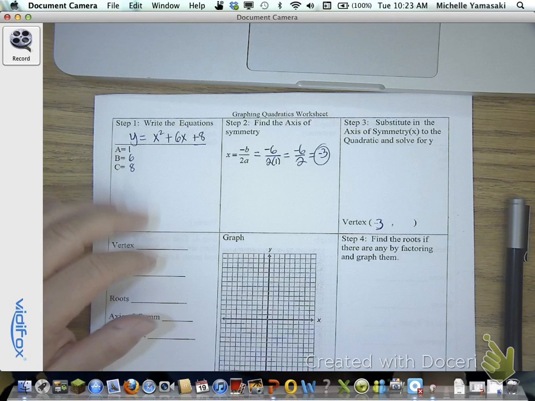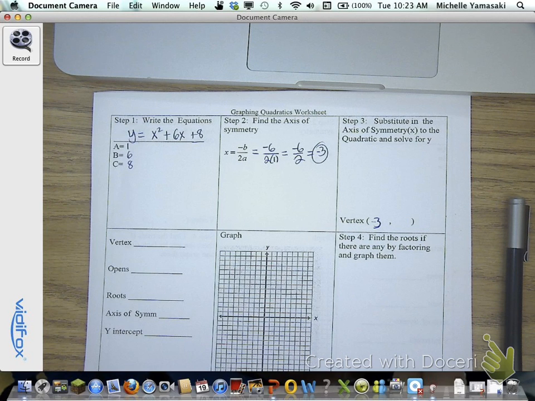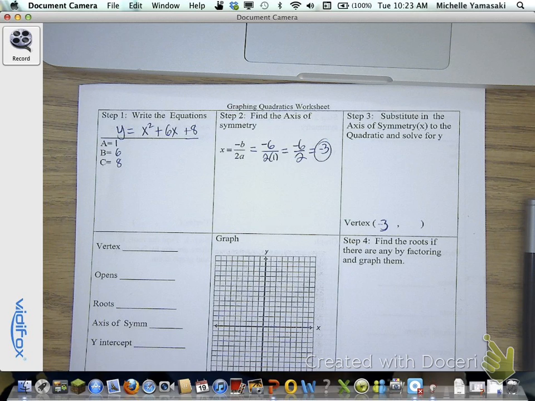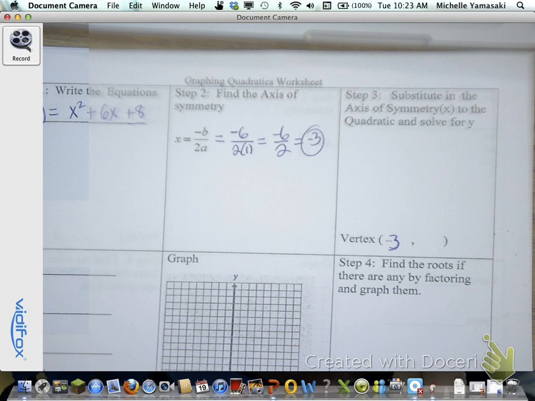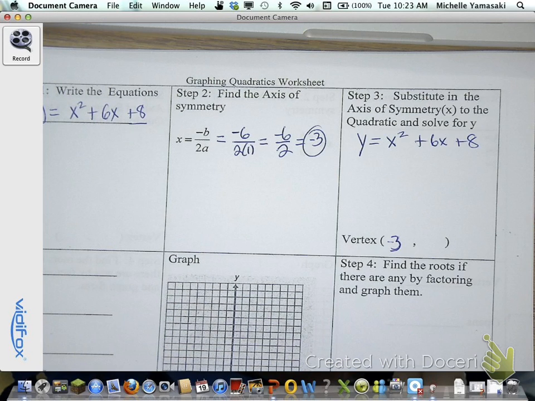What do I have to do? I'm going to substitute it into the original equation. Y equals x squared plus 6x plus 8. What do I substitute in?